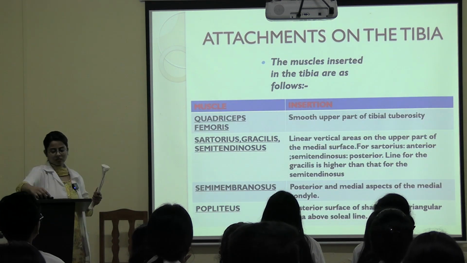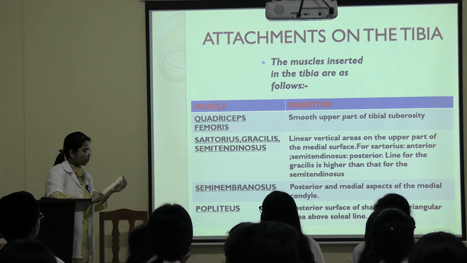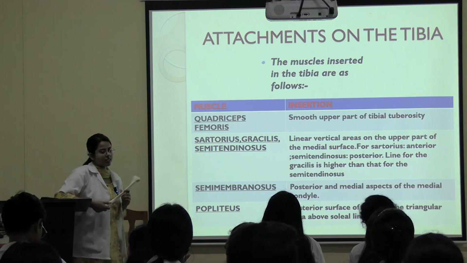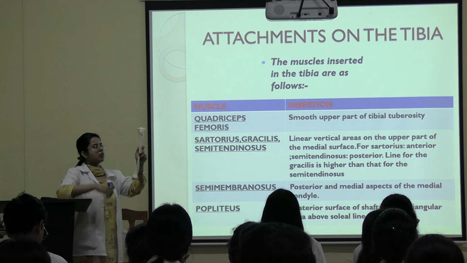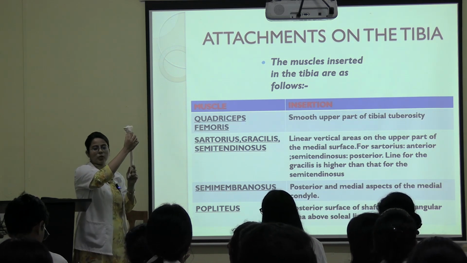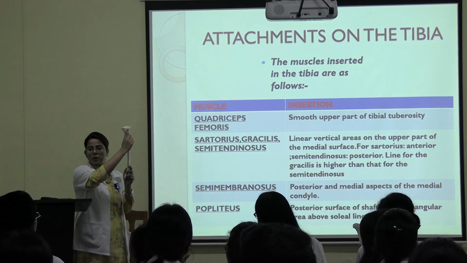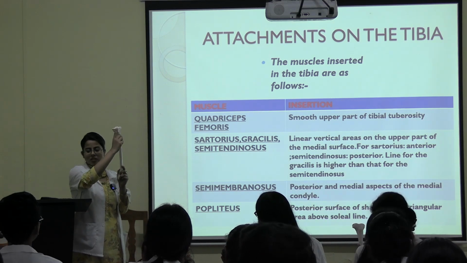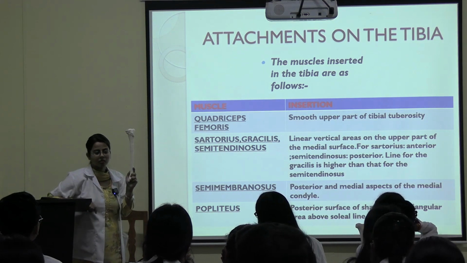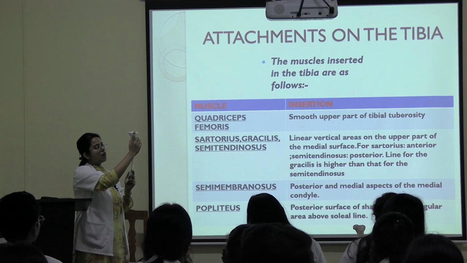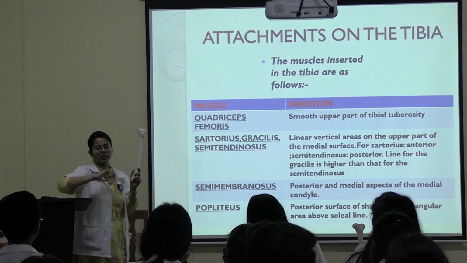Now the muscle insertions. What muscles are inserted in this tibia? This is the tibial tuberosity. It has a smooth upper part. Quadriceps femoris is inserted in the upper smooth part of the tibial tuberosity.